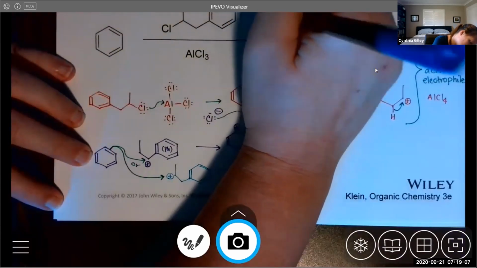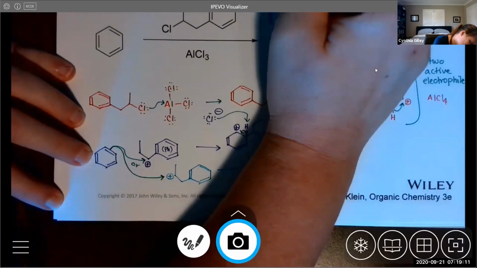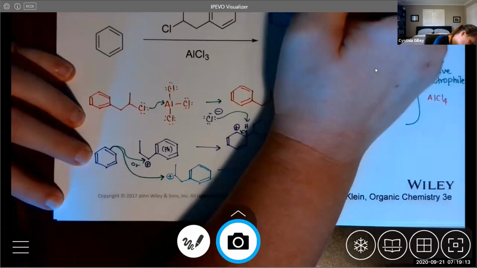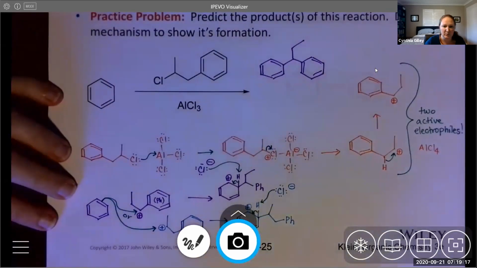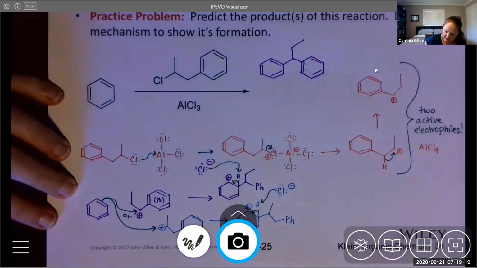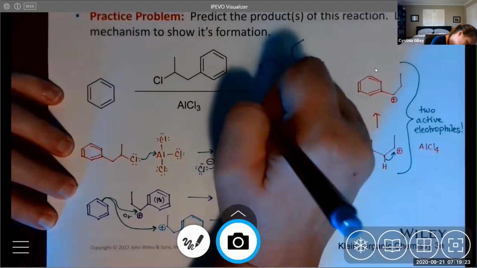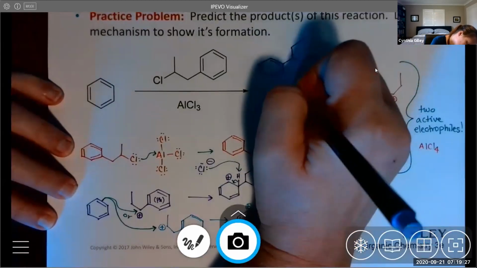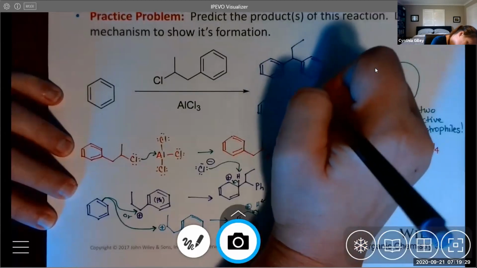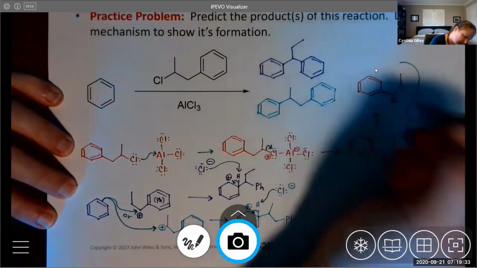We have essentially added in and formed this compound, and now I've redrawn the phenyl out as opposed to leaving it abbreviated. And we also formed some of this product as well.